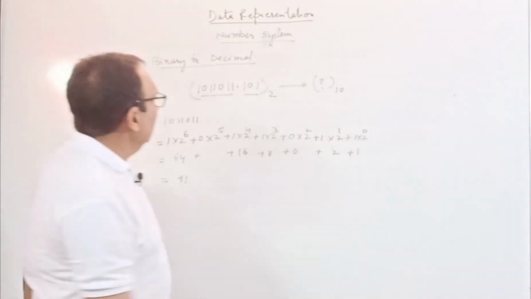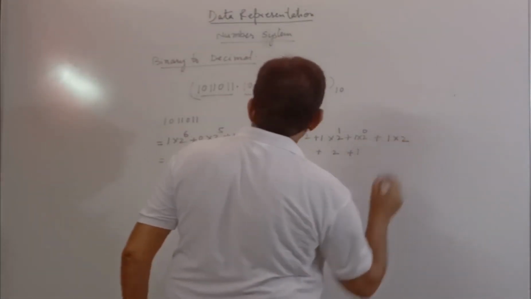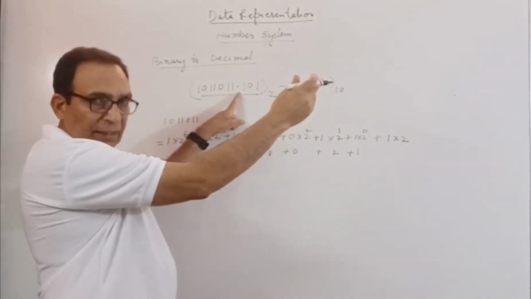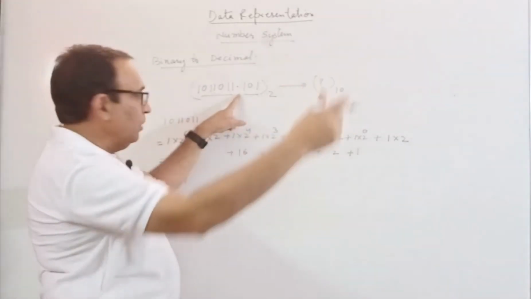If you want, you can write here itself: 1 into 2 raised to the power. When you go after the decimal point, the exponent decreases as -1, -2, -3, -4, and so on.